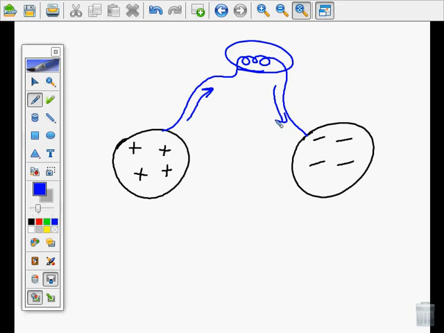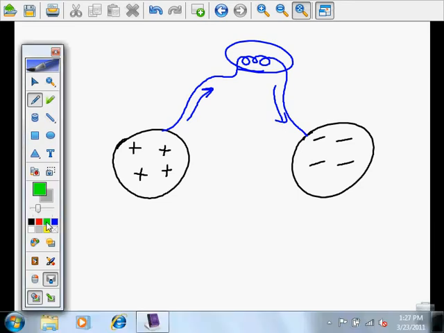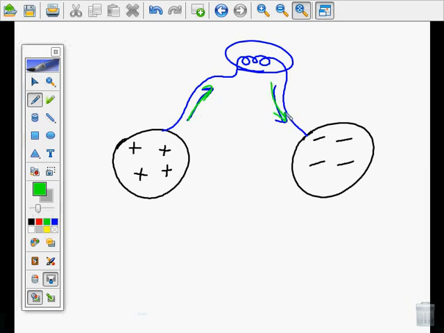And if I want to keep this current going, I need to maintain the difference in charge concentration. I need to maintain a potential difference. So basically, as fast as that positive charge comes over here, I'm going to have to take that positive charge and push it back over there with my EMF.